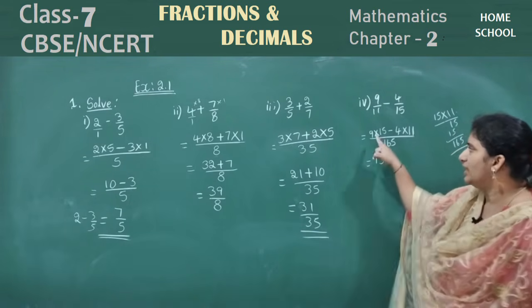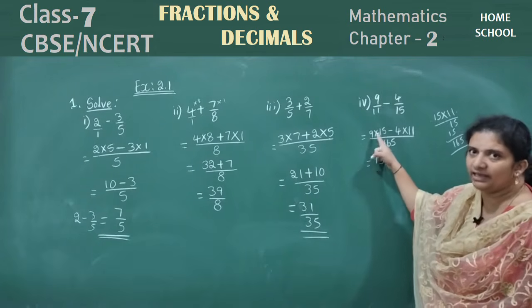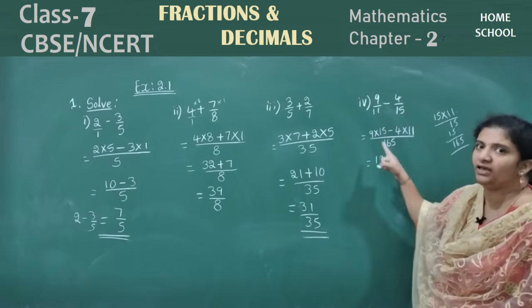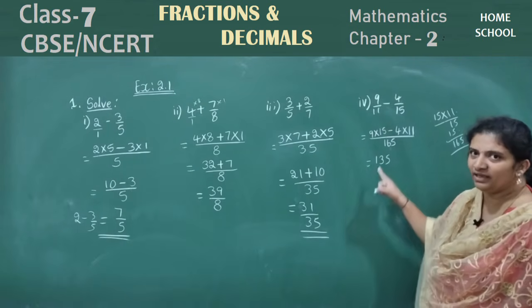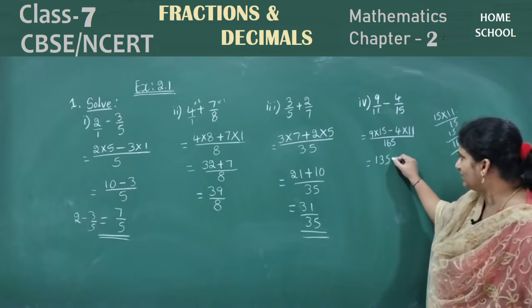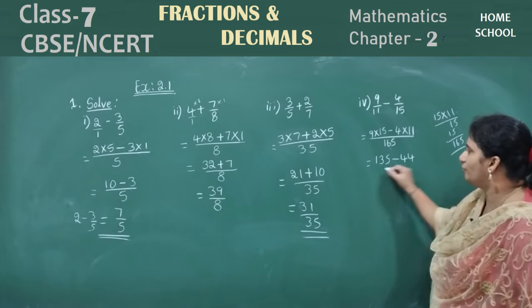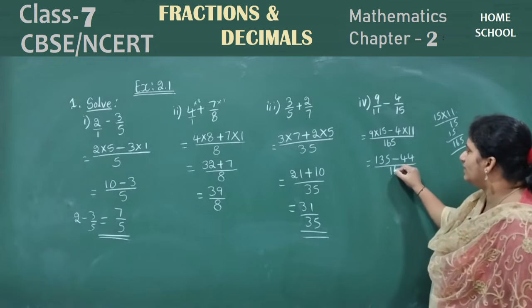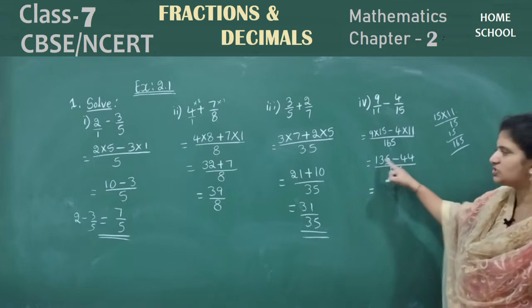Just check it out. 9 5s are 45. 9 1s are 9. 9 plus 4 will be 13. Okay, 9 plus 4 will be 13. So 135 minus 4 11s are 44 by 165. So now subtract these two, children.